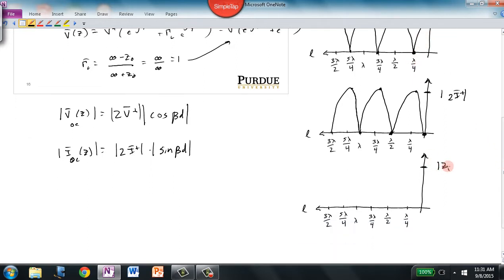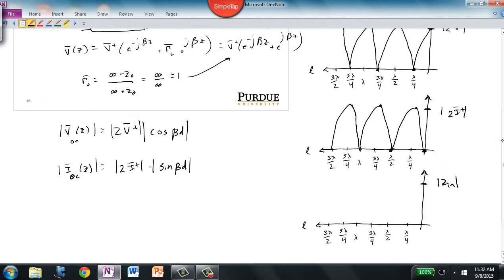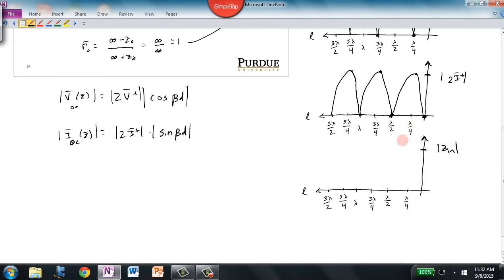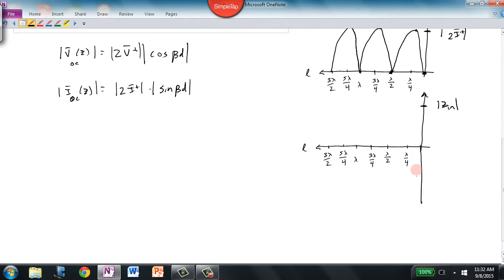If we were to plot Zin, it's just voltage divided by current, and these are magnitudes, so we're going to have to take some liberties with the plot here. But if we were to plot those, we'd see that at the load, the input impedance is going to be negative infinity. It's going to go to 0 at lambda over 4, and then it's going to go to positive infinity at lambda over 2.